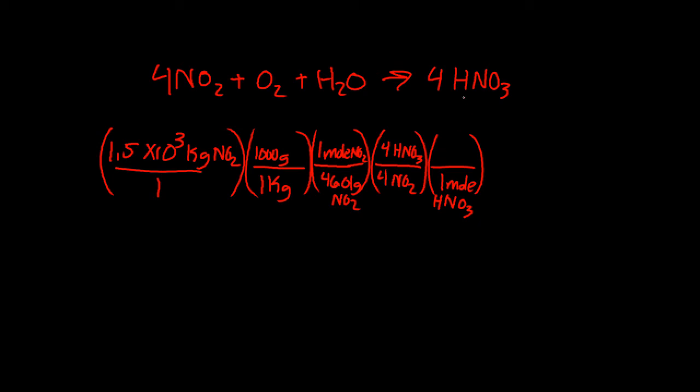So the molar mass of nitric acid is 63.02 grams. So then the last one here, I need to convert back out of grams and into kilograms again, because the problem did specifically ask for the answer in kilograms. Whew. Okay, that looks busy.